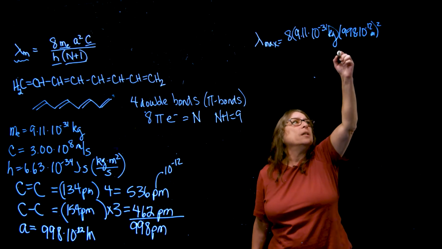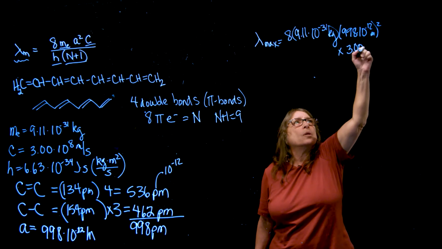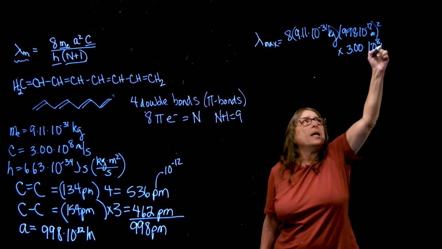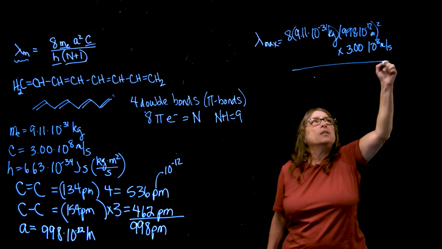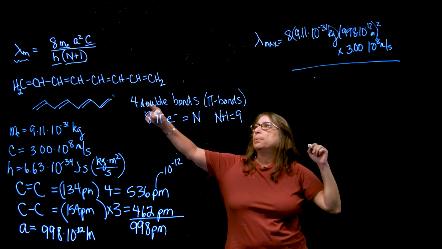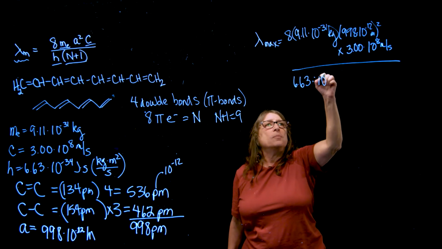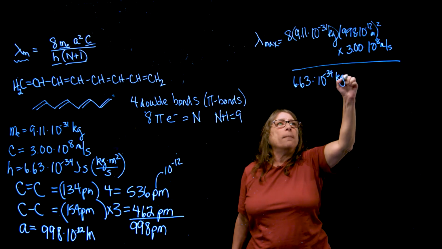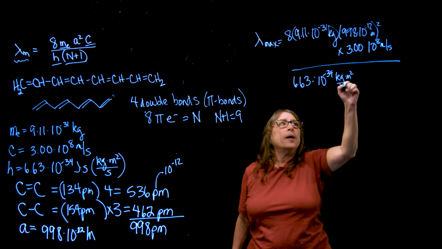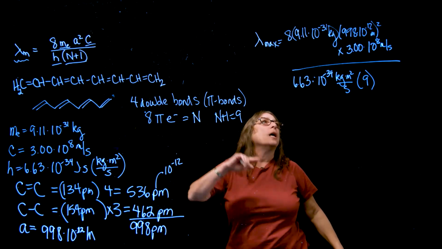I'm going to put it down here since I'm running out of room, times 3.00 times 10 to the 8th meters per second. And I'm going to divide that by Planck's constant, 6.63 times 10 to the negative 34 kilogram meters squared per second, and divided by 9, which is n plus 1.